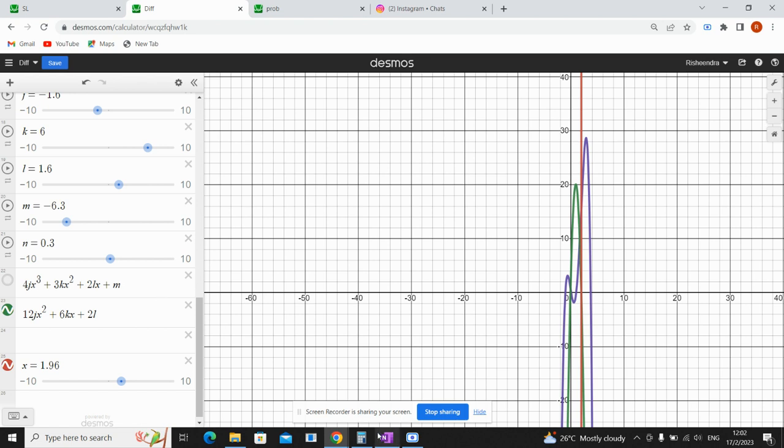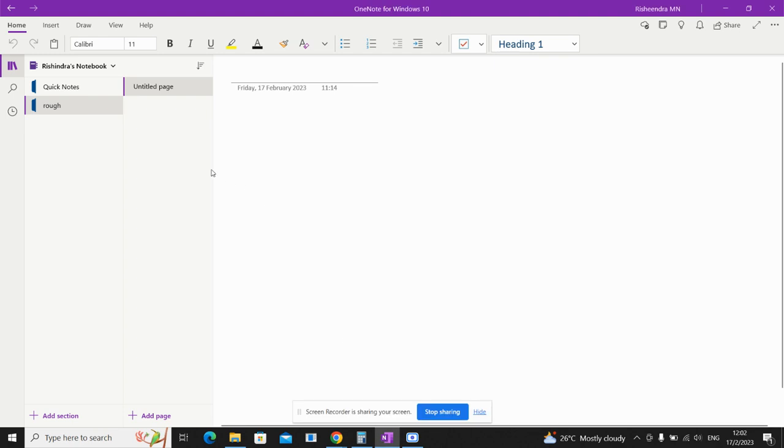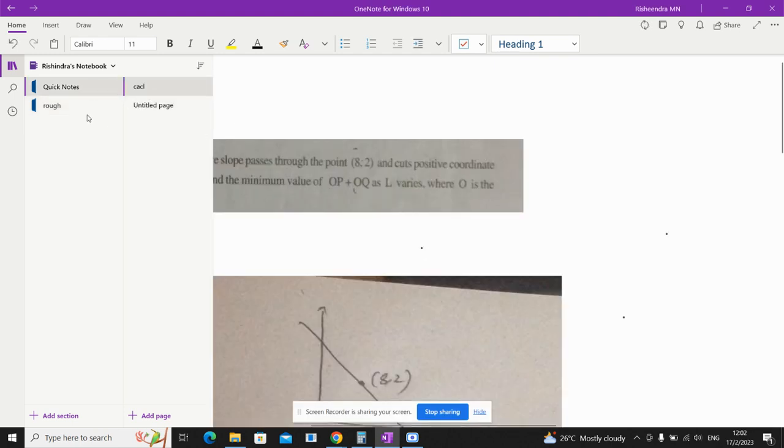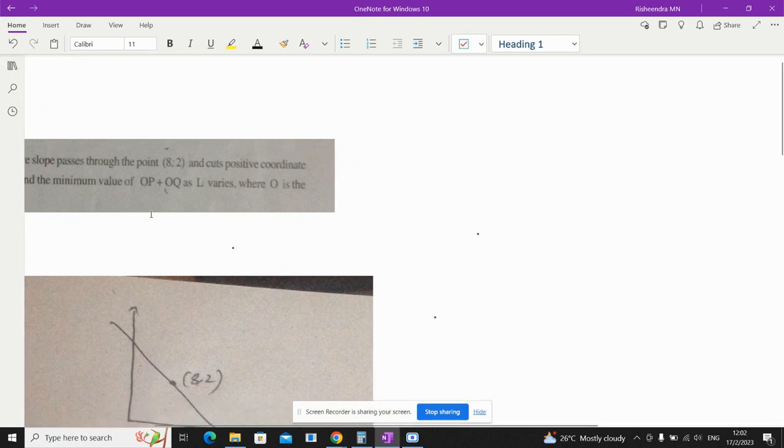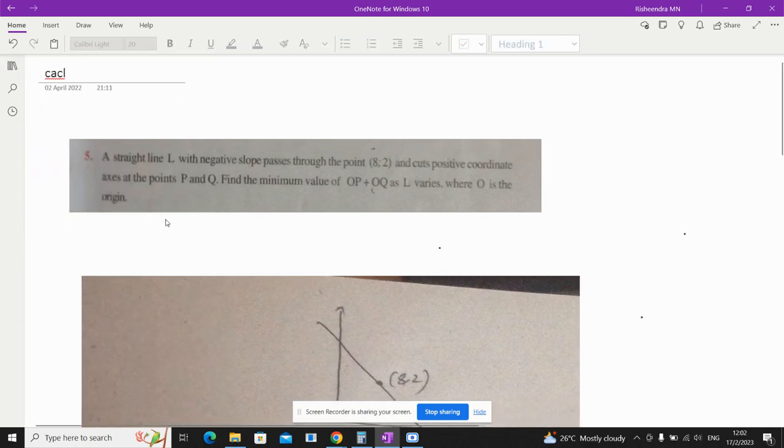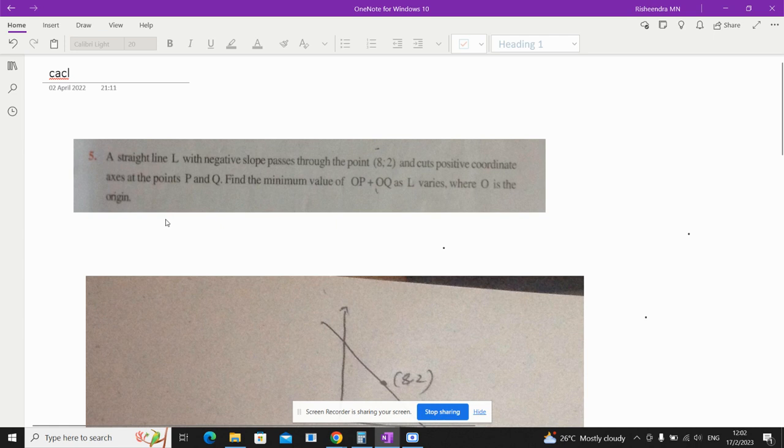And then let's do a spicy problem mixing both these things. Let's look at the question.